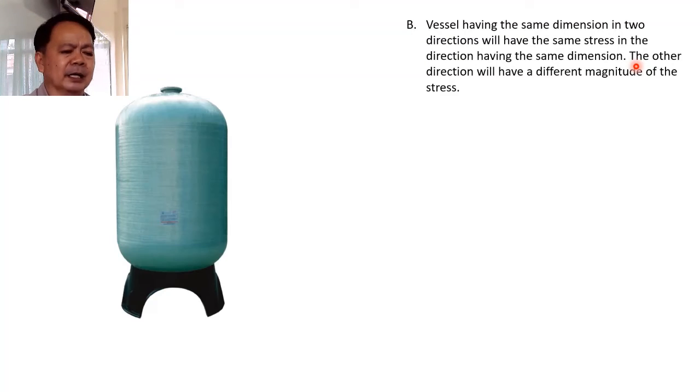What is an example? For example, we have here a capsule-shaped vessel, not a cylinder, made up of a cylinder that is surmounted or covered by a hemisphere on top and at the bottom.